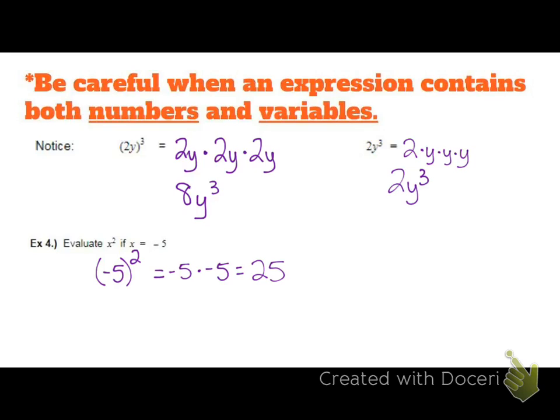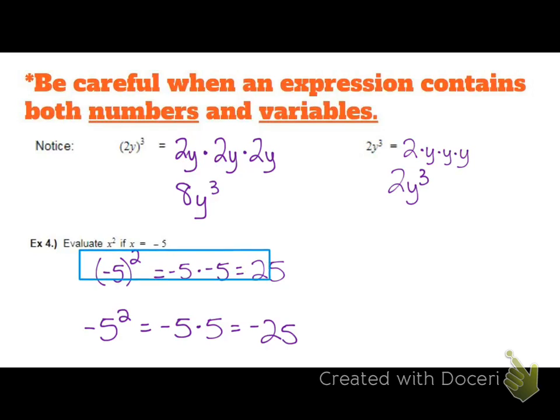A -5 times a -5 is a positive 25. Notice that that is going to be different than if we weren't to use the parentheses. If you don't use the parentheses, you just have a negative sign out in front and 5 times 5, so your answer ends up being negative. So for this problem, this is what we wanted. We are squaring the -5.